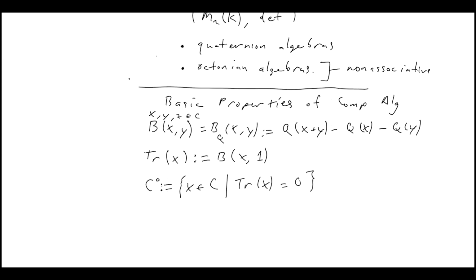Now, this is a hyperplane inside of a quadratic space, and so we can look at the reflection which fixes C0. Oh, and let me also say that 1 is not in this space. So we can look at the reflection which fixes this trace zero hyperplane, and which flips the unit element. And then we can negate that to introduce the involution on the composition algebra. So there's this involution.